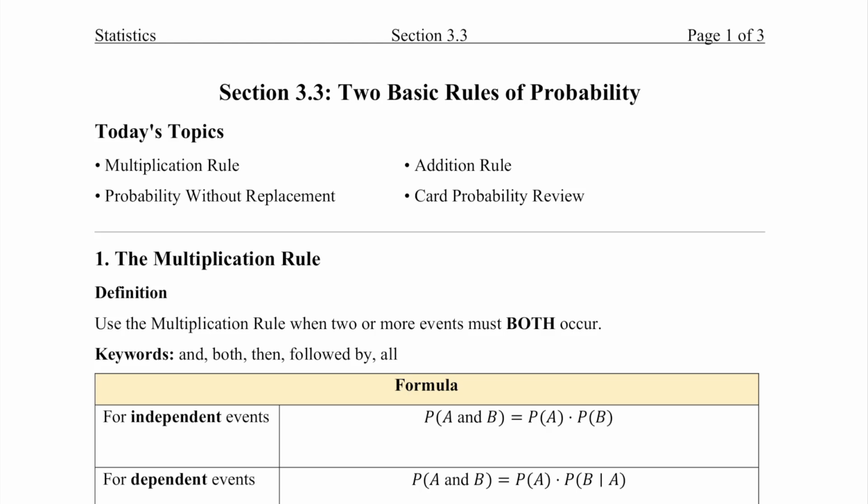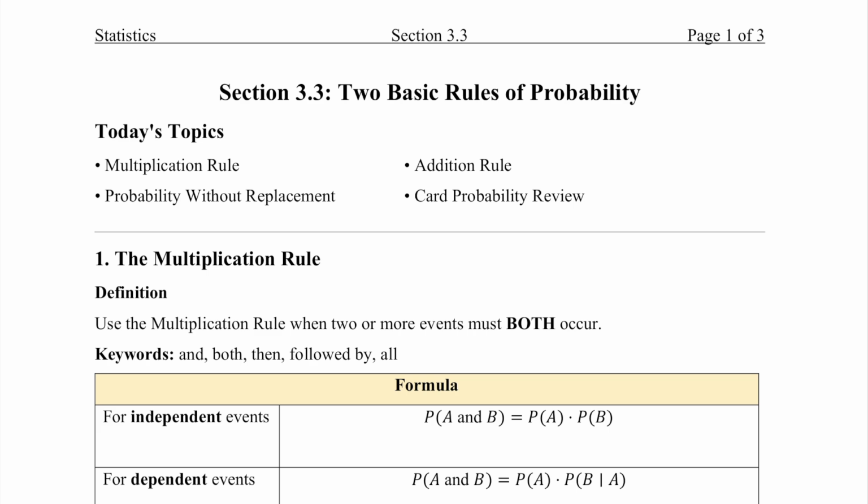Now that we have identified some common keywords, let's practice recognizing multiplication situations. One of the biggest challenges students face isn't actually doing the calculations. It's deciding which probability rule to use in the first place. So, before we worry about formulas, let's look at a few examples and ask a simple question.